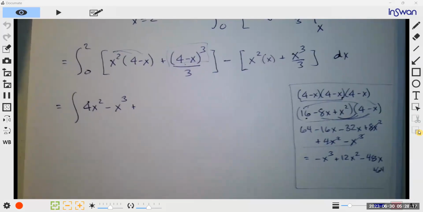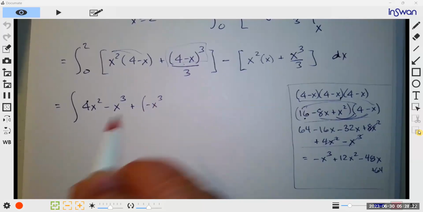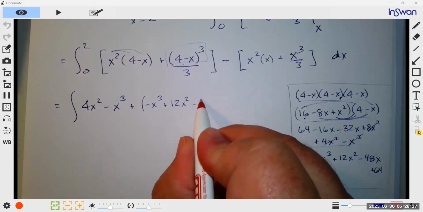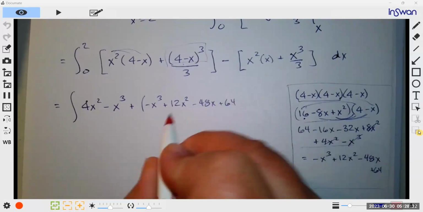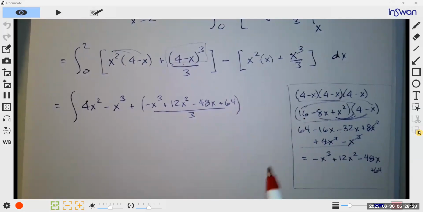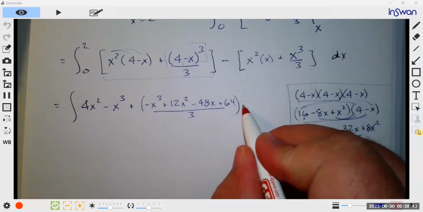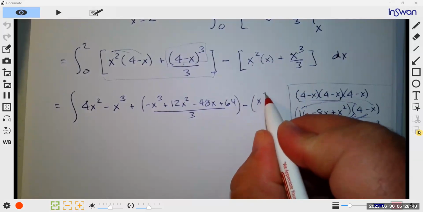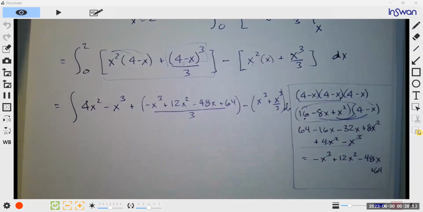That's the numerator there: negative x cubed plus 12x squared, minus 48x plus 64, divided by 3. That's this part. Now here we have x squared times x is x cubed, plus x cubed over 3 dx.